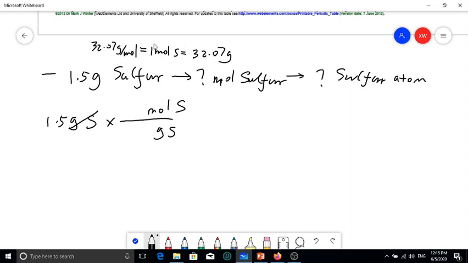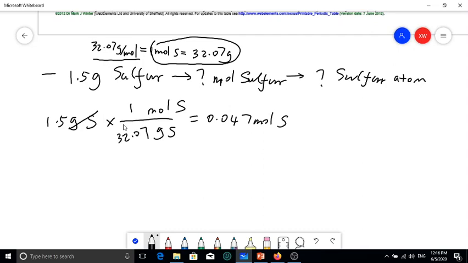This is the same thing. This is usually how people write the molar mass of anything: how many grams per mole. That means every 1 mole of sulfur weighs 32.07 grams. Now you can calculate this number, which is going to be 0.047 mole of sulfur. Given that it's 2 sig figs, you keep 2 sig figs here.